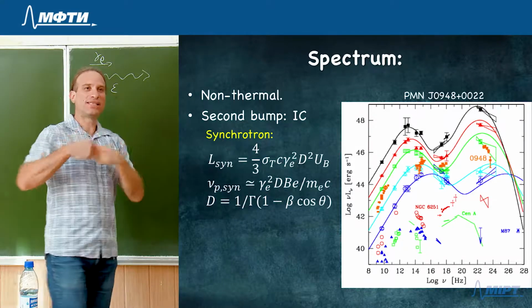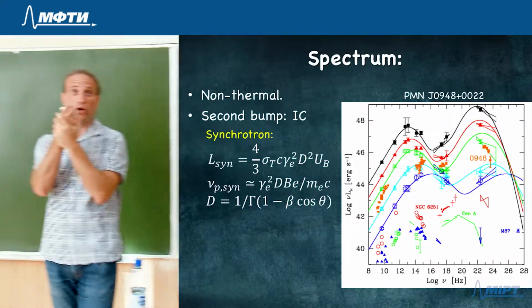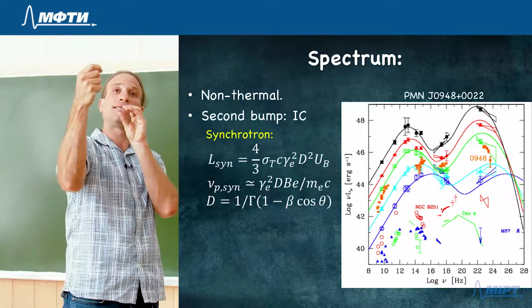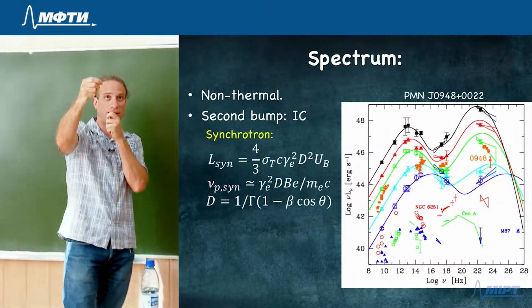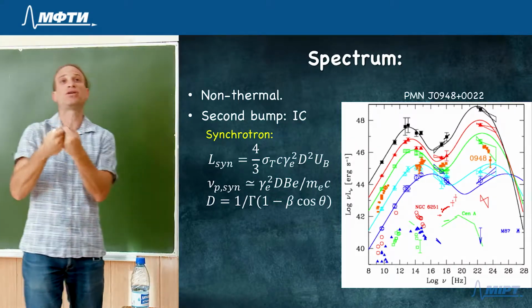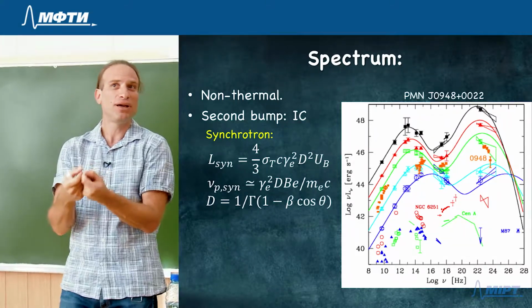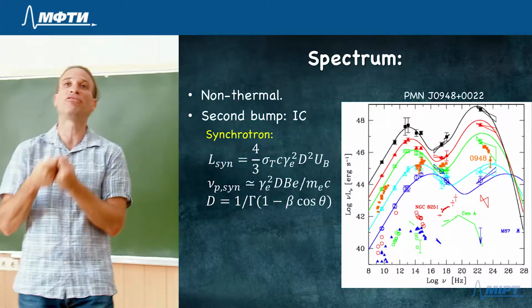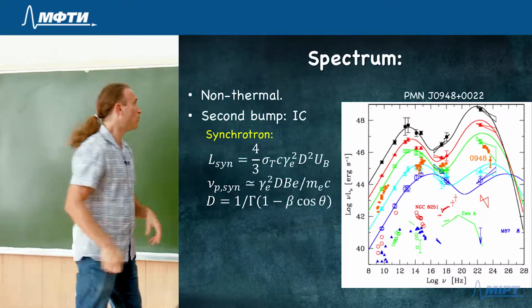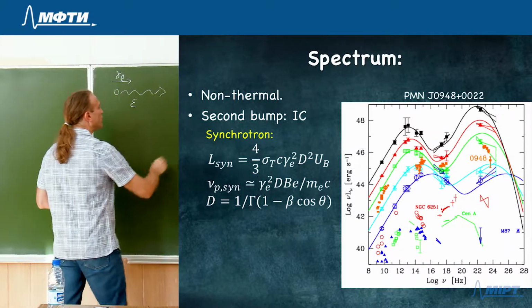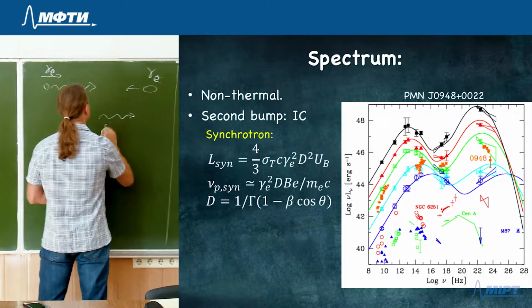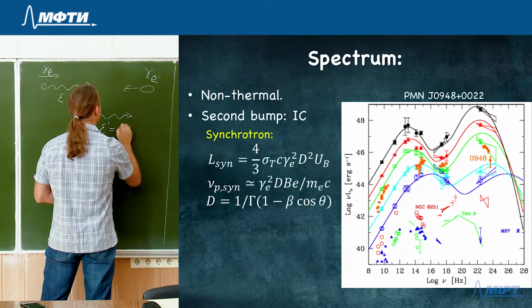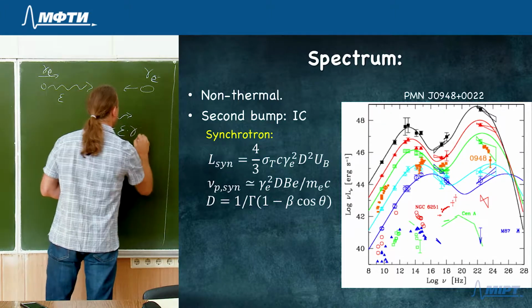So if I'm moving toward you and you're emitting light, and I'm watching the light, this light is boosted because it has a Doppler shift, and the boost will be by a factor of gamma. So within the rest frame of this electron, what it sees is an epsilon prime, which is equal to epsilon times gamma_e.